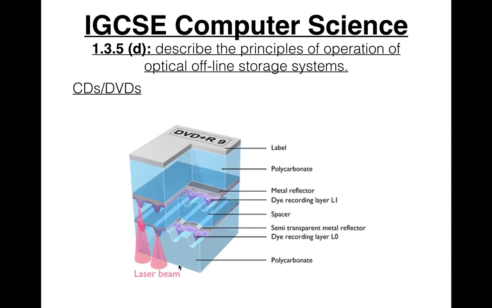How this works is the laser focuses itself in order to read the second layer, passing through this semi-transparent layer to read the layer here. And that's pretty much how it works. Now, there is a disadvantage to this, which we will look at.